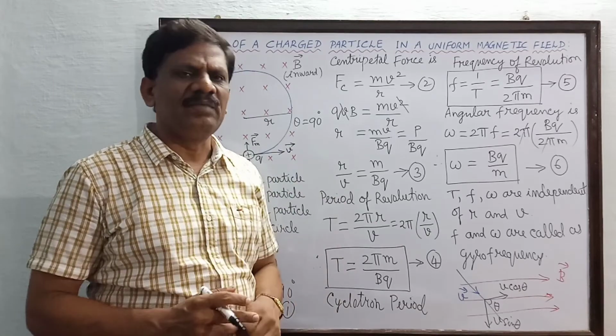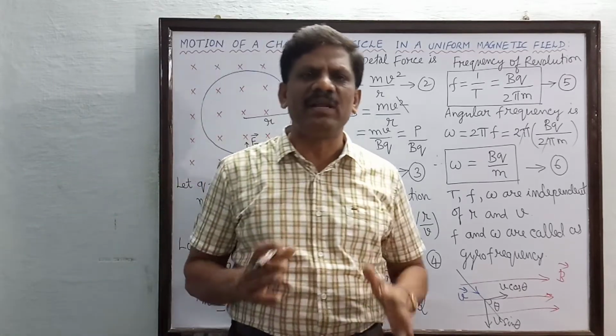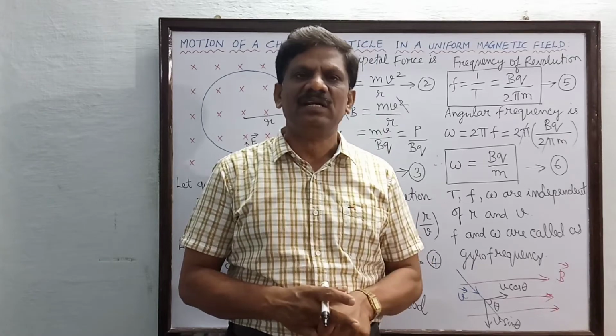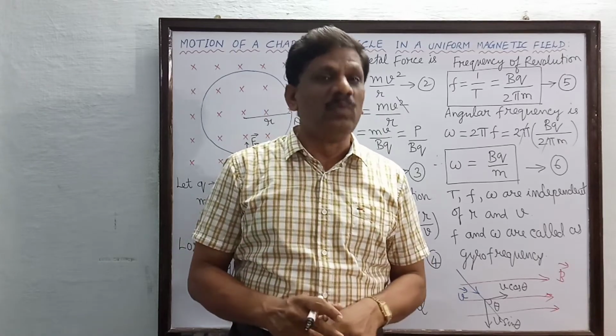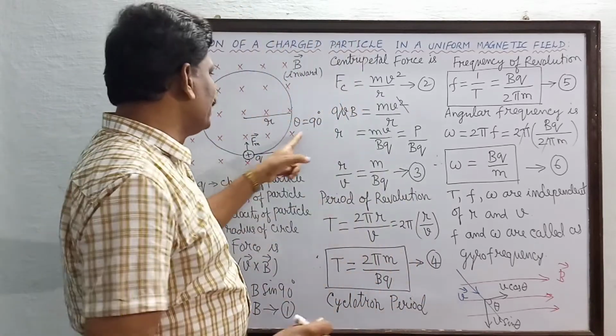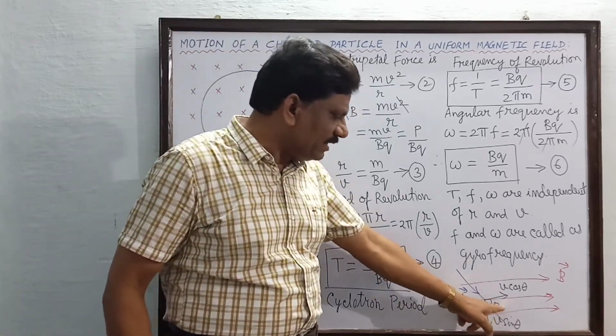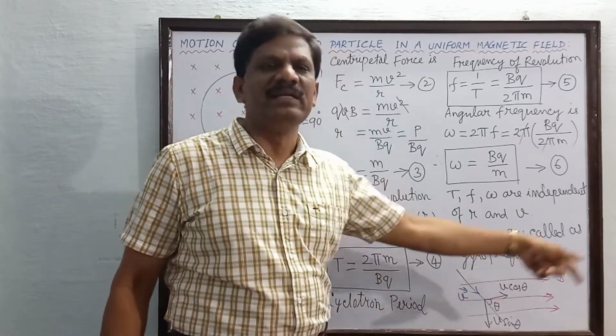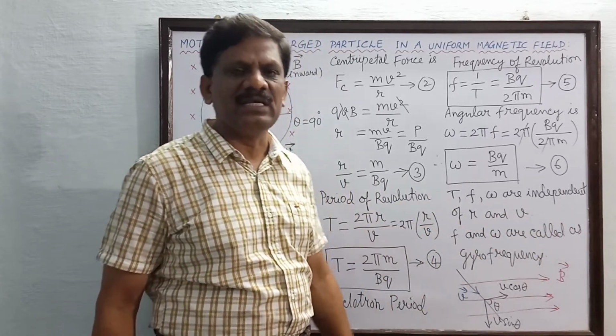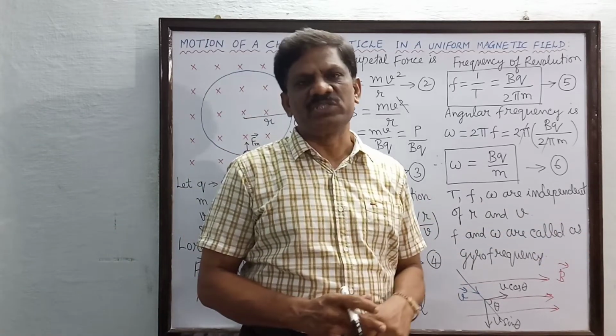So what is going to happen here? The charged particle will not move in a definite circle. It will move in a definite circle only when it is entering perpendicular to the magnetic field. In this case, where the charged particle is entering obliquely, not at right angles, it will have two types of motions.